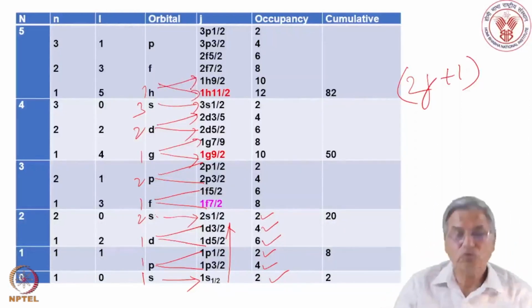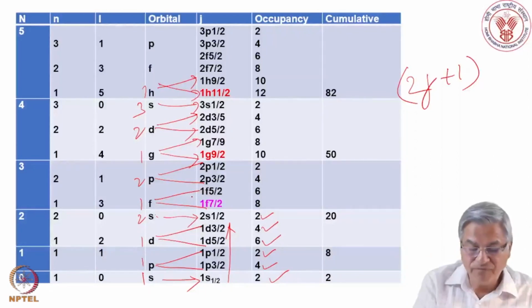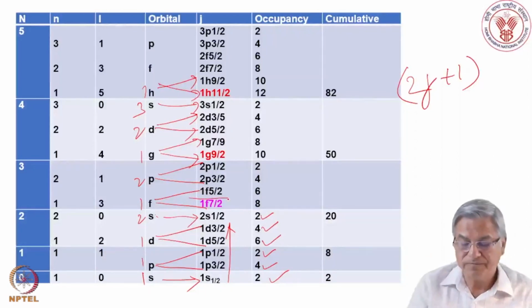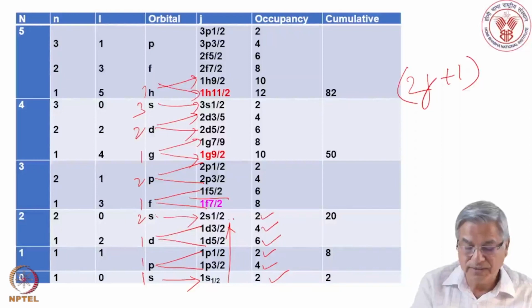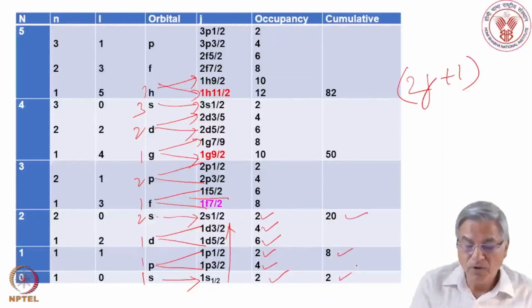Now you can see the occupancy. Whenever the F7/2 is lowered, up to 20 we have explained in the previous scheme. But now, in fact, this will give you 28, and at 28 also there is a gap here.